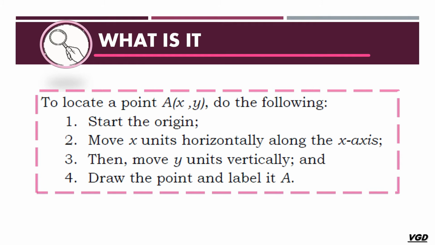Second, move the x units horizontally along the x-axis. Third, move the y units vertically. And the last one is to draw the point and label it with its point label. So, the one that we did a while ago. Let's take a look at the following examples.